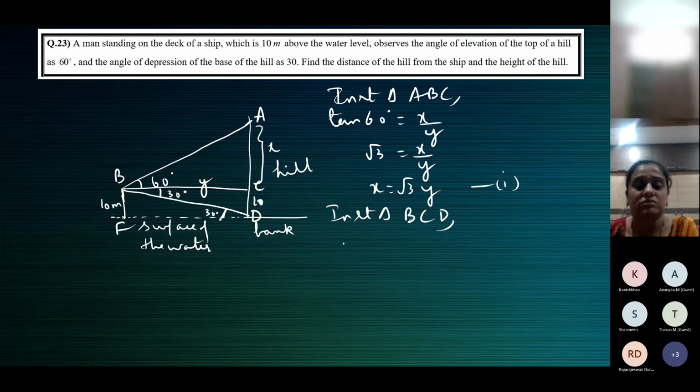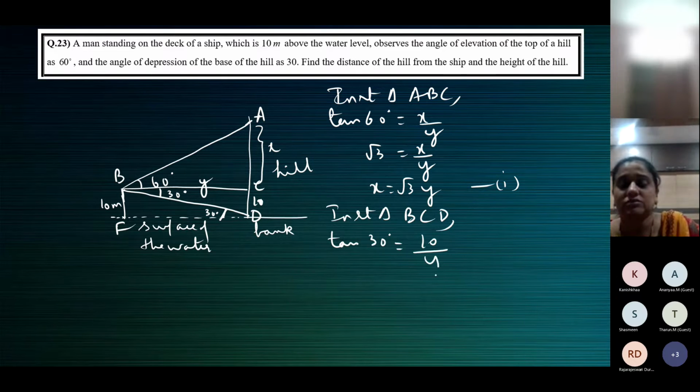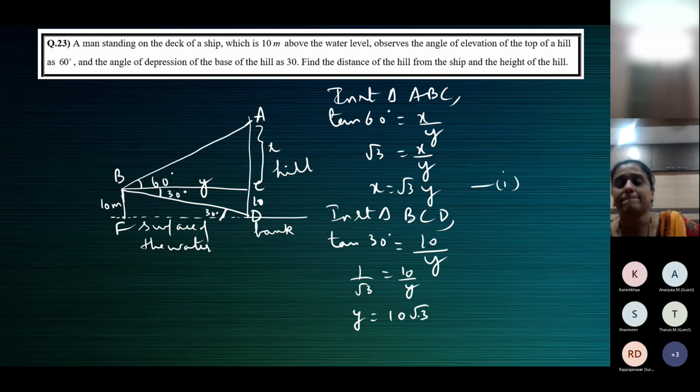So tan 30 degrees is equal to opposite 10 by adjacent y. Tan 30 is 1 by root 3. Y is equal to 10 root 3.